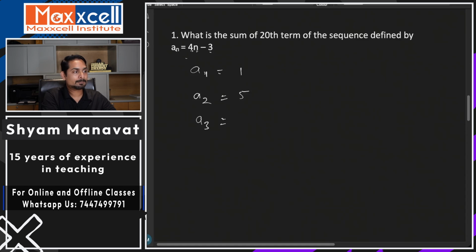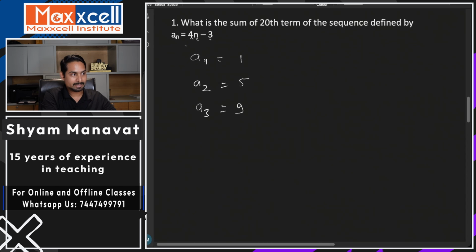The third term is 3 fours are 12 minus 3, 9. Do you see it is progressing? The fourth term is 4 fours are 16 minus 3, 13. So it's progressing by 4 here.